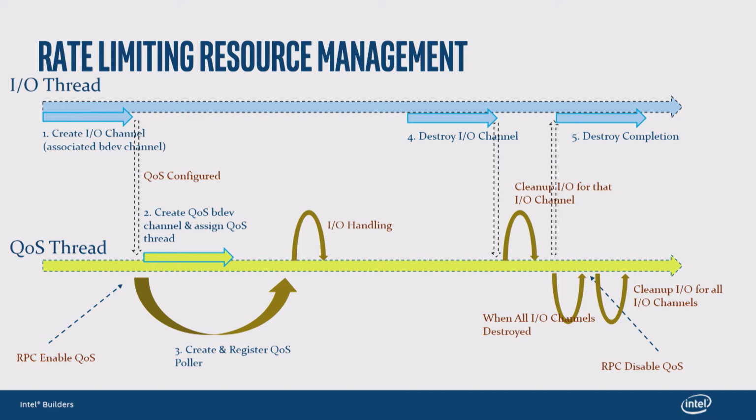And later, when all the resources are destroyed, the QoS resource can be released, and the poller unregistered. So this is the resource management on how we fit the QoS related stuff into the Bdev SPDK stuff.